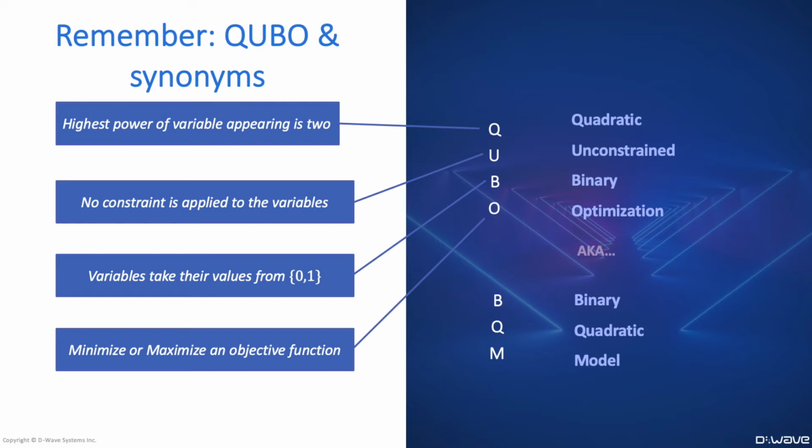In other words, we're going to solve the problem and let it find whether the constraints can be held. The variables take their values from 0 and 1 only. It's binary. And we're going to minimize or maximize an objective function. And you'll remember that when we got Ising in the picture, we referred to these as binary quadratic model.